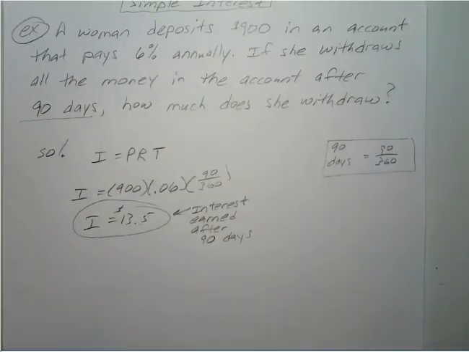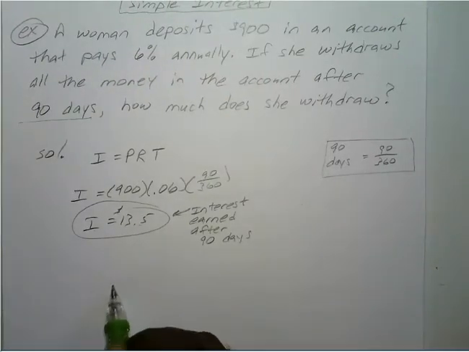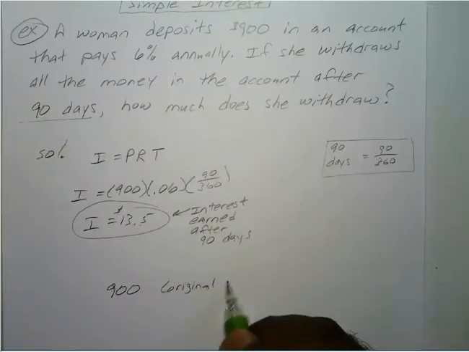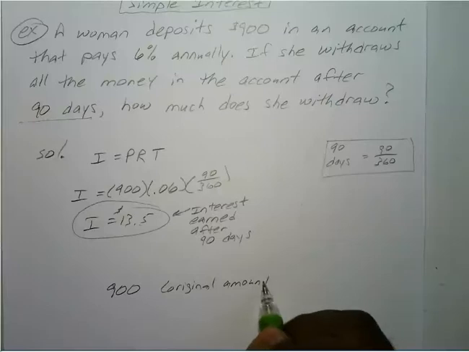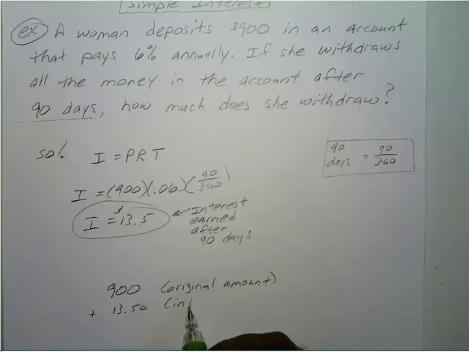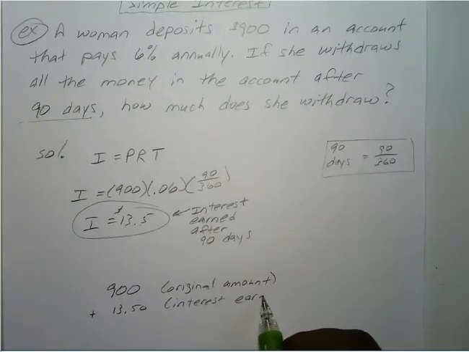Now, to find out how much she would get back from the bank after 90 days, we add those together. So you have your $900, which is your original amount or your principal, plus the $13.50, which is the amount of interest earned.